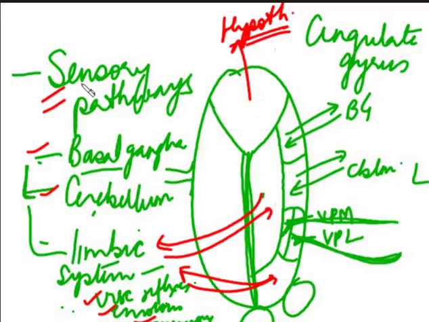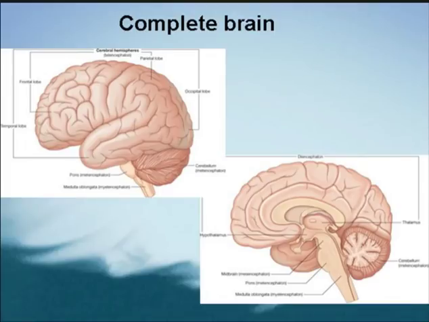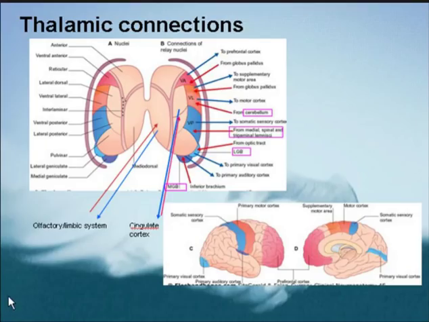So now let's look at the image that we had, which was here. This is what this is showing you. If you look at it functionally, the thalamus has three functional groups. One is the relay nuclei, and those were the ones I described over here.